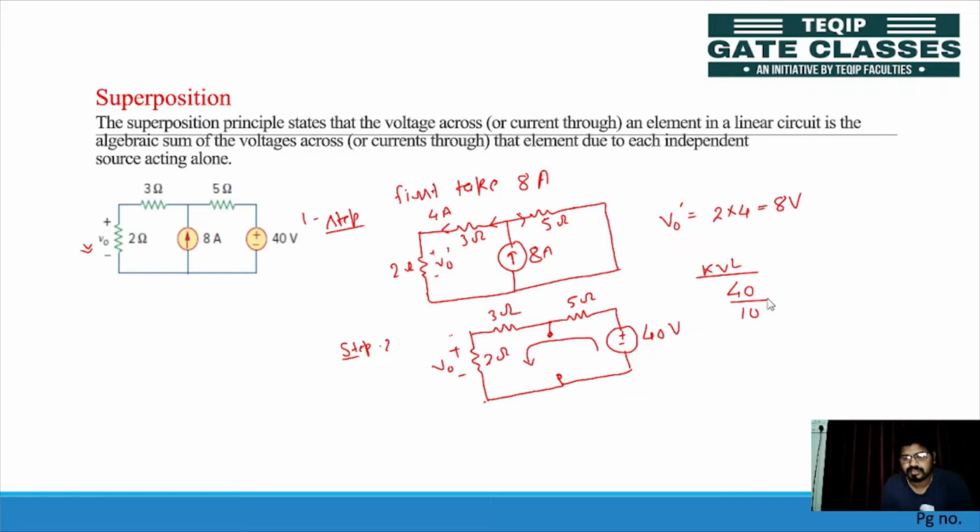So current I in this loop will be 4 ampere. Then suppose this is V0 double dash, then the voltage across 2 ohm, V0 double dash, will be equal to I into 2, it is 4 into 2, 8 volt only.